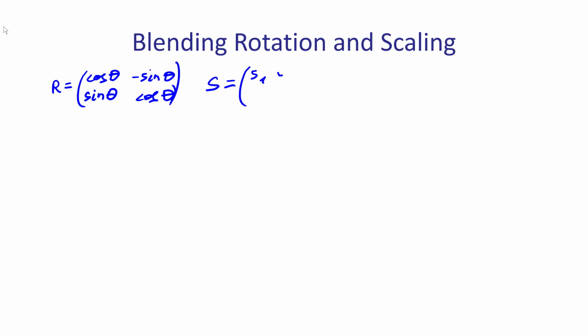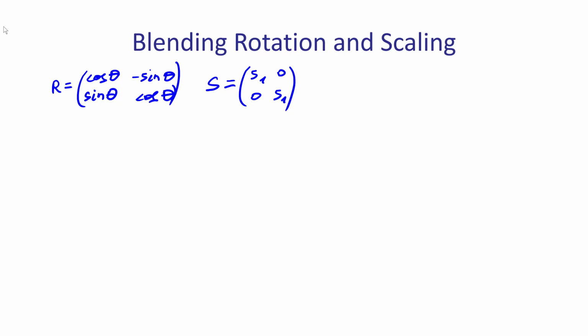So we have the matrix of rotation, which is cosine theta, minus sine, sine and cosine, and we have the scaling matrix, which is S1, 0, 0, S1, and we can multiply S and R to blend together rotation and scaling.